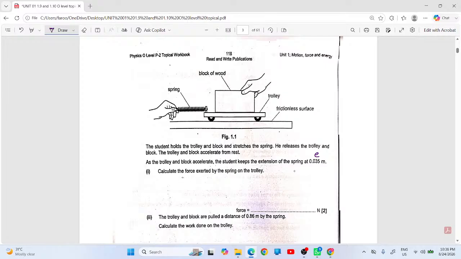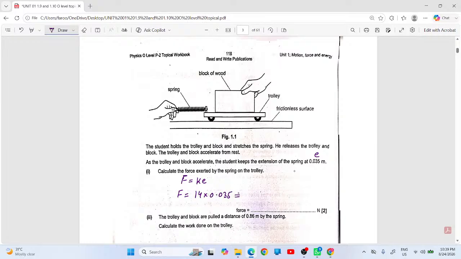Which formula will we use? F is equal to kx. k is the spring constant, and the extension is 0.035.